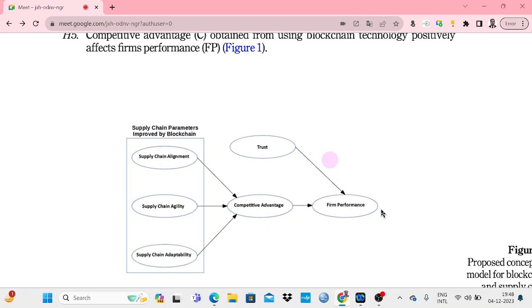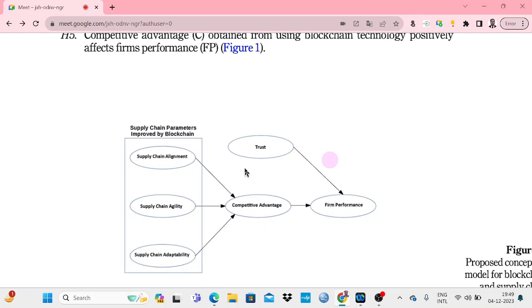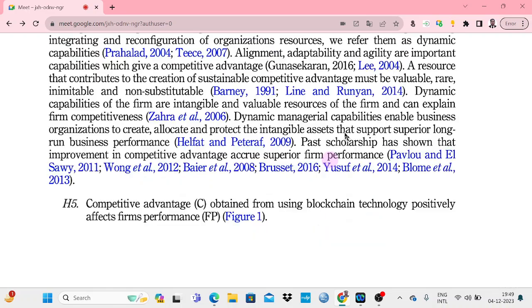Now there are two kinds of structural equation modeling: covariance based and partial least square structural equation modeling. So when to use when? PLSM is used when you are doing exploration and prediction. For example, we have made this model by reviewing past literature.